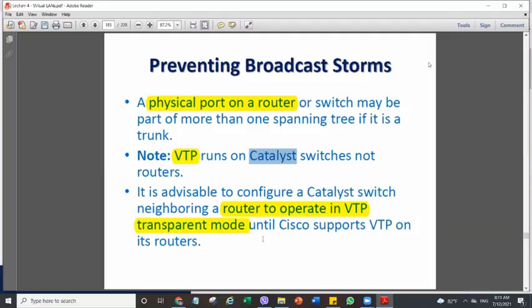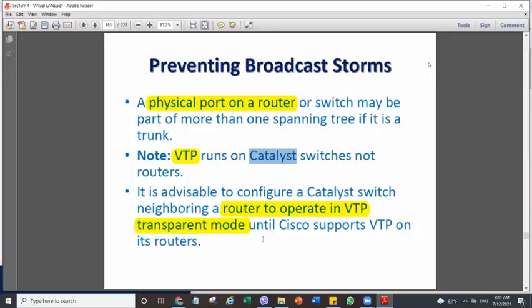So that thing will not be shared with the switches, right? We create the VLAN in the VTP server, then that will be shared with the others. VTP client switches, we are not even configuring the VLANs. We just accept the VLANs created in the VTP server switches.